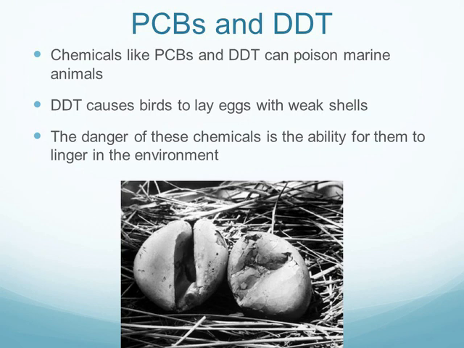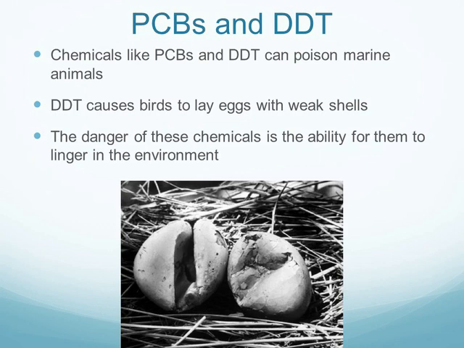DDT is another chemical that is no longer in use today, but it was used as a pesticide so that it would kill all of the mosquitoes during the summertime in California. But what ended up happening was excessive use of DDT in the environment would get into the ocean and get into the fish, and then the birds would eat these fish that were contaminated with DDT. And while it didn't do anything to the fish, what it did to the birds was cause them to have a lack of calcium deposited into their eggs.